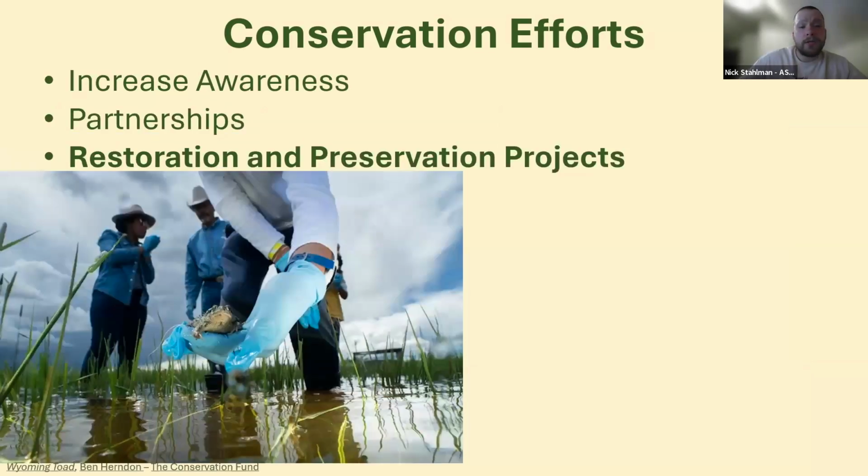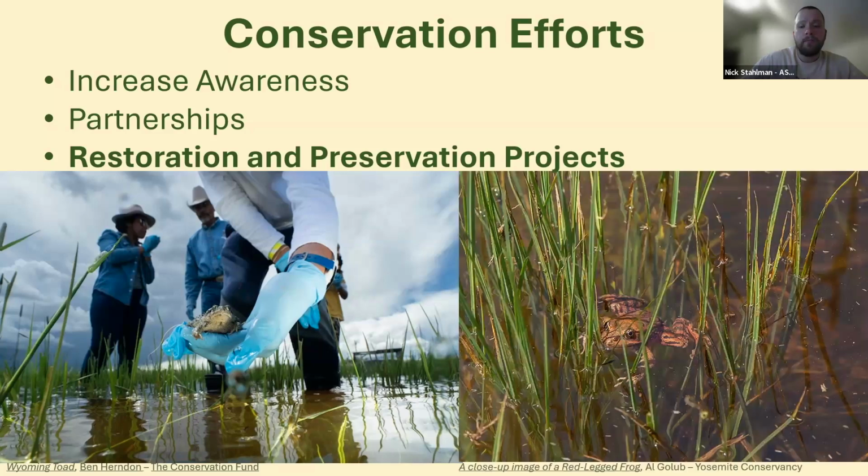A lot of restoration and preservation projects are going on. For instance, the Wyoming toad, which is considered extinct in the wild, but there are a lot of captive breeding and reintroduction efforts going on. Some of them are very successful, and a lot of organizations are just preserving land for these reintroductions. The federally threatened California red-legged frogs are showing signs of return to the Yosemite Valley after a 50-year absence.